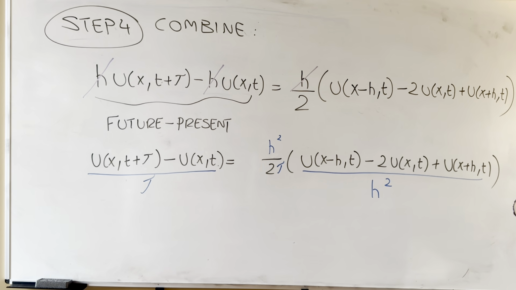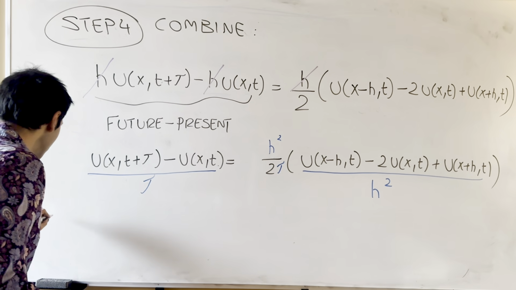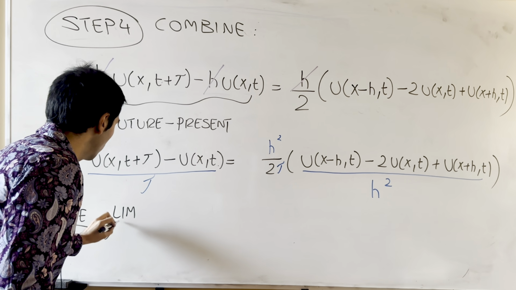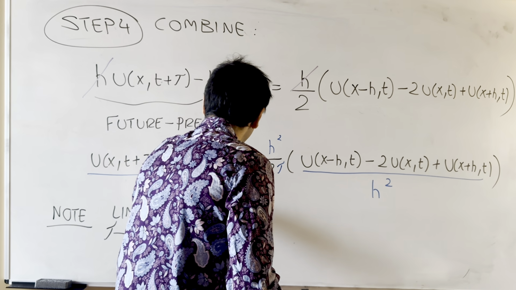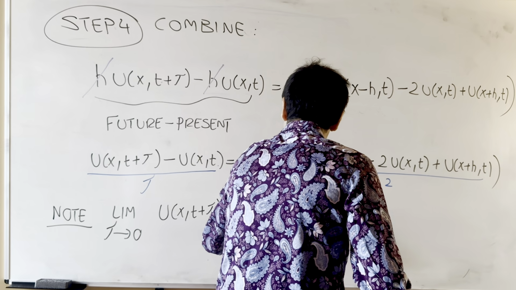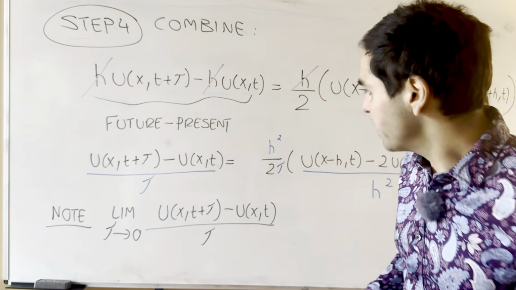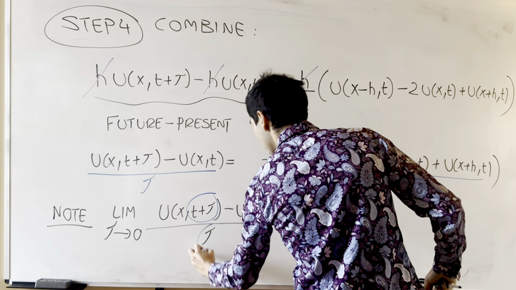All right, very good. And now, all you need to do is to take the limit as tau goes to 0 and as h goes to 0. So, first, note if you take the limit as tau goes to 0 of u of x, t plus tau minus u of x, t over tau, once again, if you ignore this x, it's just a limit in t.